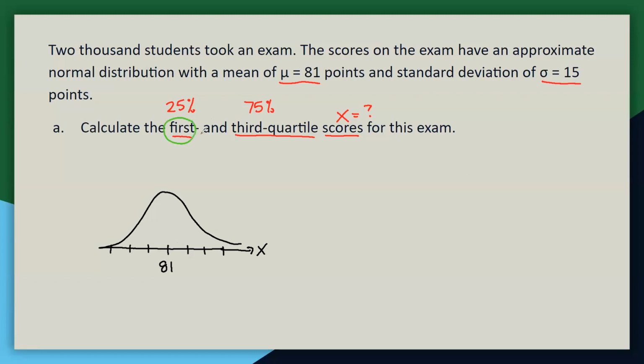So I'm going to do the first one in green. That's probably somewhere down here. I'm just guesstimating. So that's my Q1. And then my Q3 is probably going to mirror that up here.